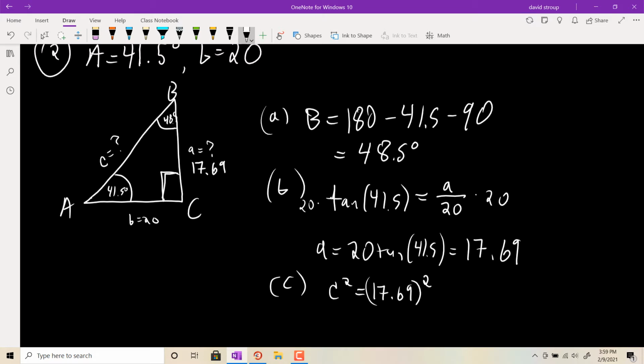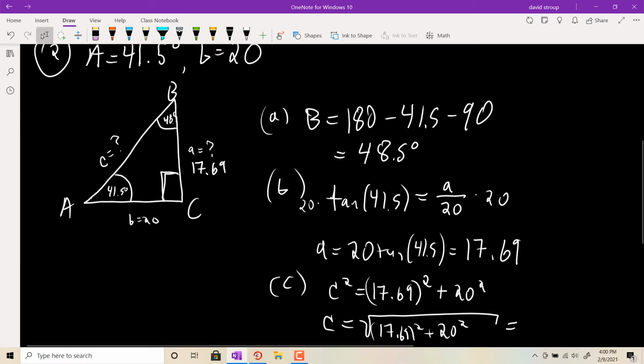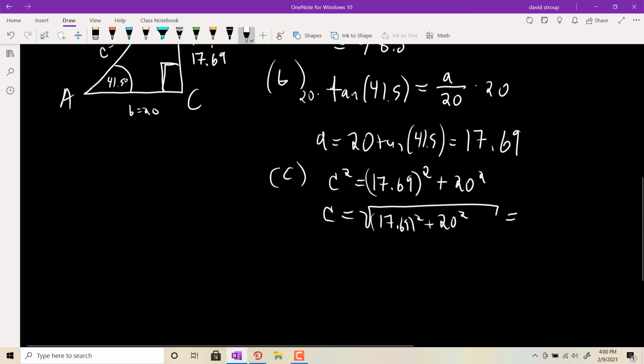Okay, so it would be 17.69 squared plus 20 squared. And then you take the square root on both sides, and you get the square root of 17.69 squared plus 20 squared, and then you drop that into your calculator, and I got earlier 26.70 for my approximation to 2 decimals.